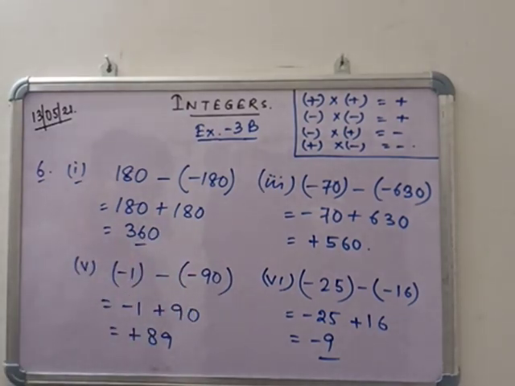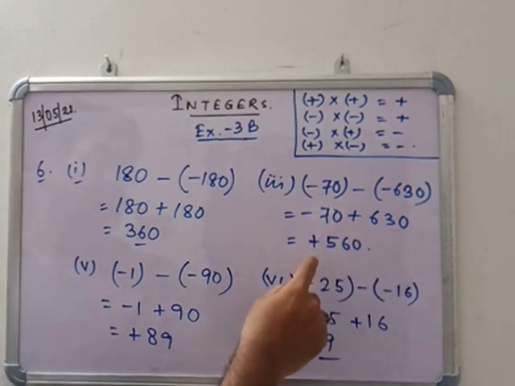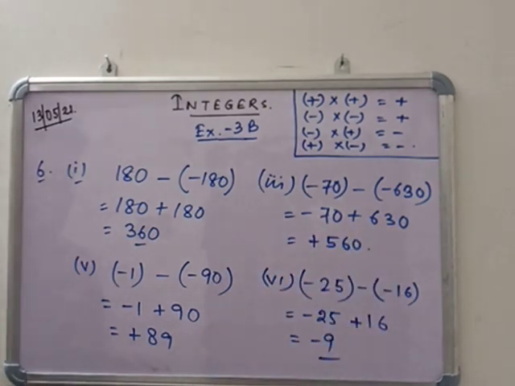Similarly in number 3, minus 630 from minus 70. That means minus 70 minus minus 630, and minus into minus is plus. So minus 70 plus 630 is plus 560.